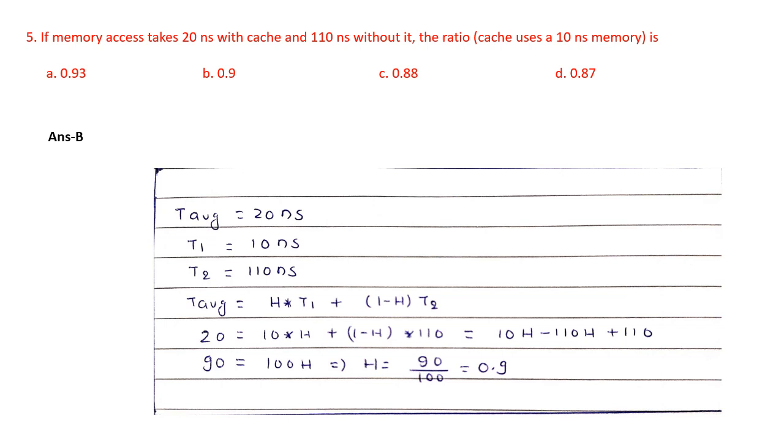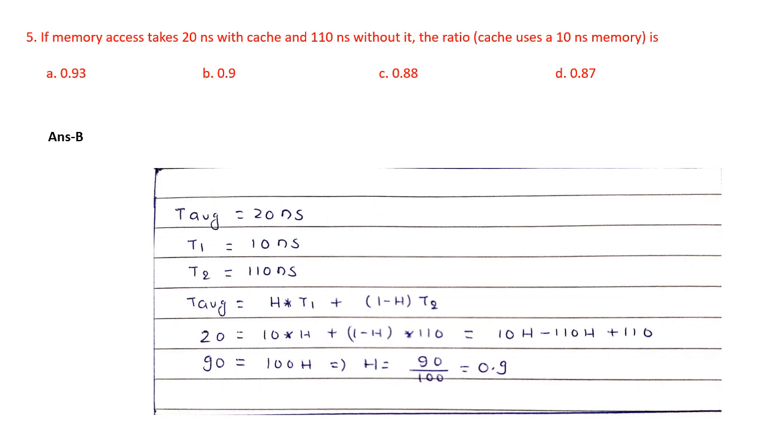So T average is 20, T1 is 10, so 10 into h plus (1 minus h) into 110. The expression would be 10h minus 110h plus 110. After subtracting from 20, it would be 90 equals 100h, and the hit ratio will come as 0.9. So the answer will be B here.